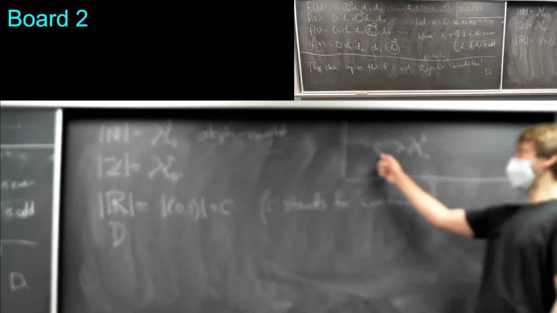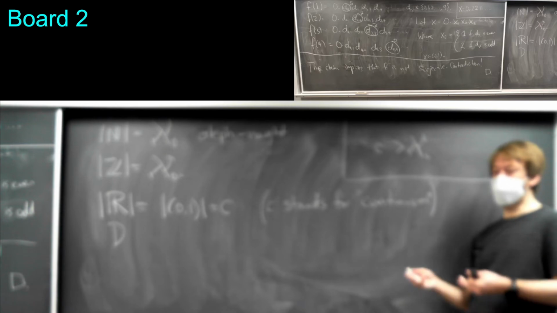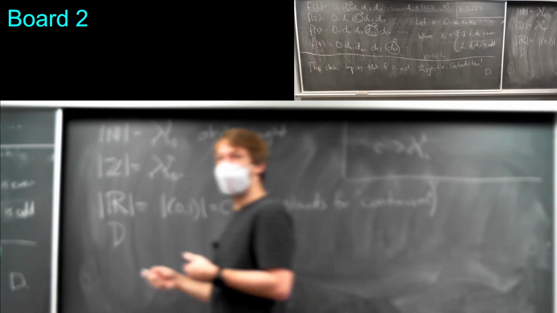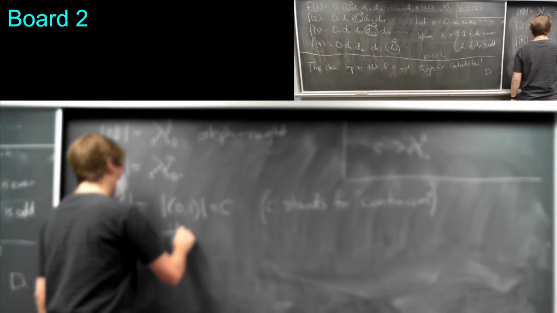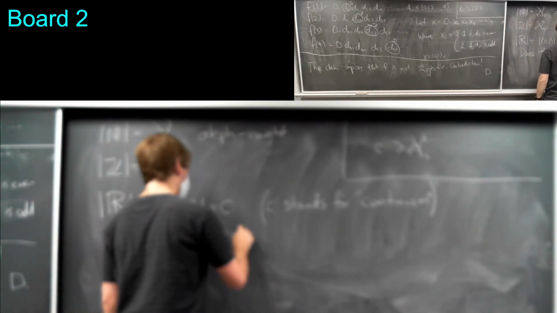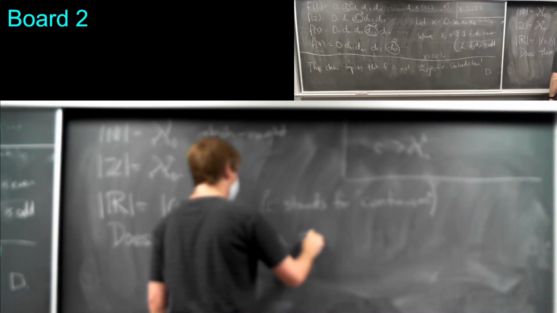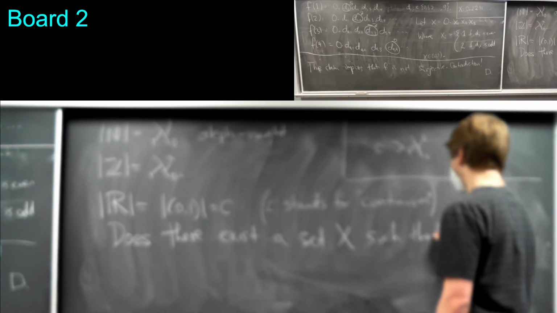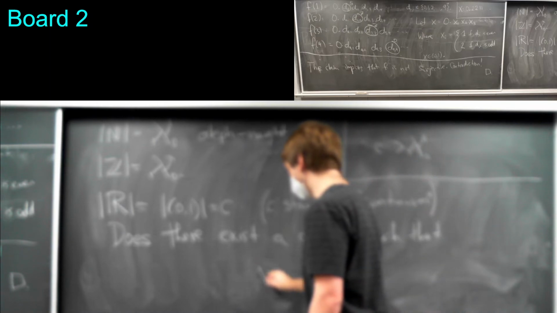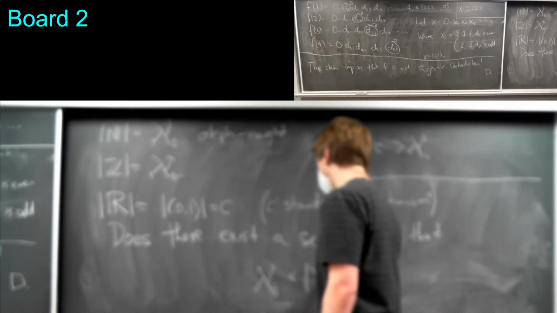But if this is bigger than that, a natural question is: is there something in between? It doesn't feel like it, right? But does there exist a set X such that the cardinality of X is bigger than aleph naught?